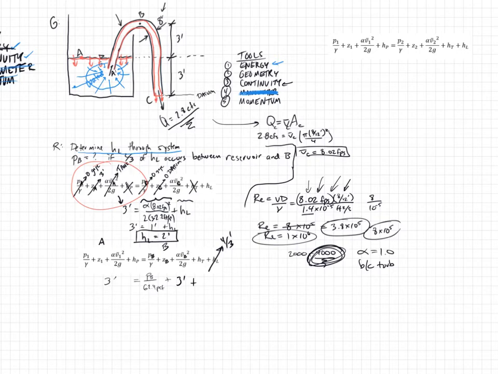Now there's an issue here, which is, what is the velocity at B? Well, notice that this pipe has a constant diameter of 8 inches. So it's the exact same thing as it was up here. Up here, alpha V squared on 2G was 1 foot, so I'm going to put in 1 foot right there. There's no turbine, plus 4/3 of a foot.